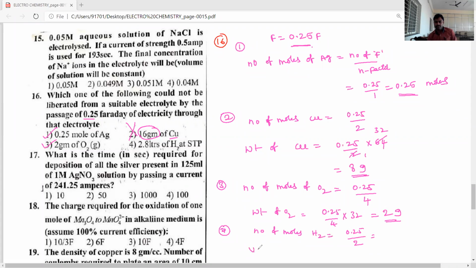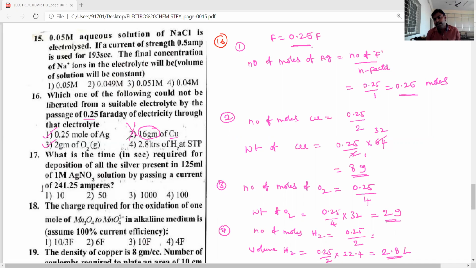Then the volume of H2 is 0.25 by 2 into 22.4, which is 11.2 by 4, that is 2.8 liters. So the fourth statement is also correct. Now the wrong statement is the second one. So the answer is the second.